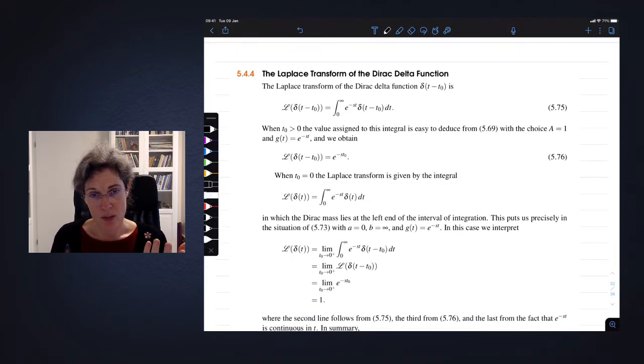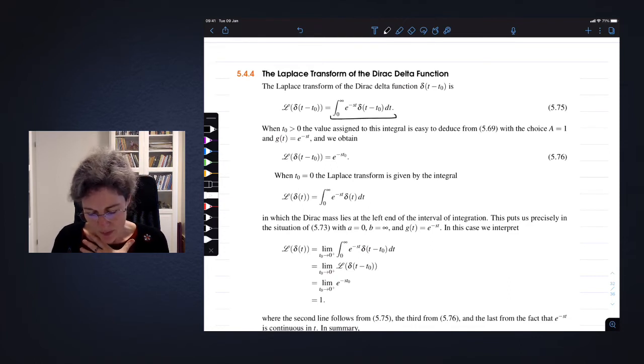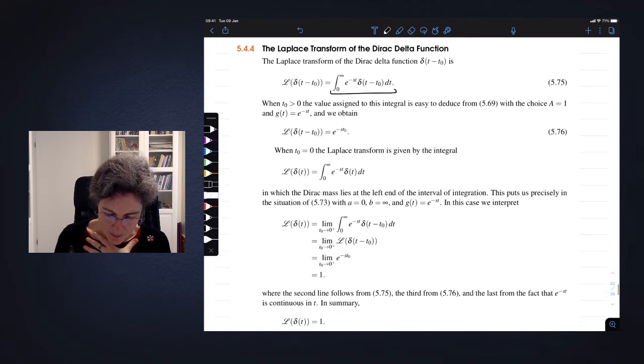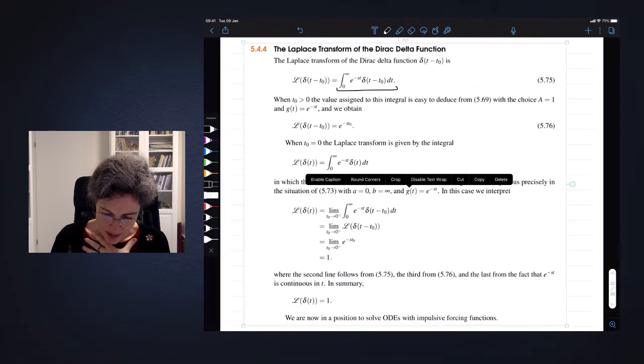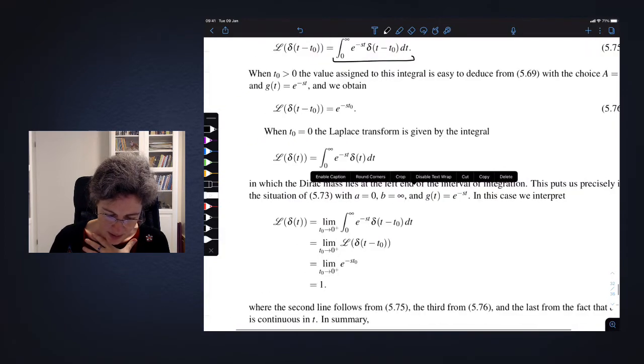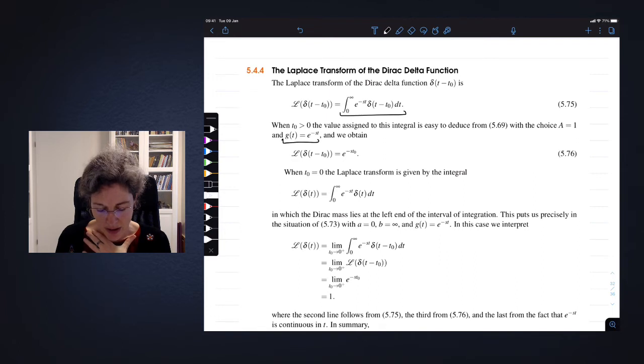So now we've got our impulse function. We need to obviously have the Laplace transform, because then we can use it to solve our ODEs. And we can plug straight into our original equation for the Laplace transform. So we plug it in, and we can use this equation over here, where we're taking our a equal to 1, and our g equal to e to the minus st, plug that straight in, and you get that the Laplace transform of our delta function centered at t equals t0 is e to the minus st0.